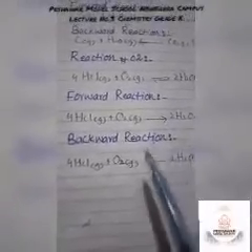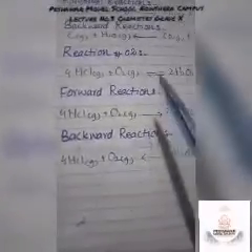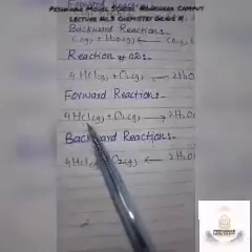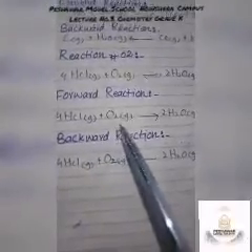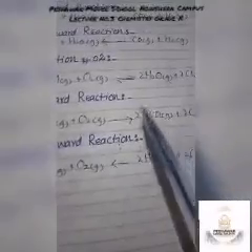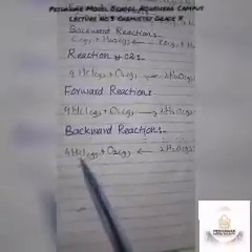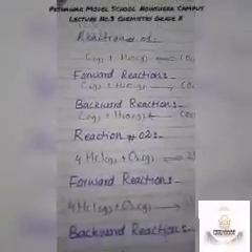And in the backward reaction, these products react back and will give us 4 moles of hydrochloric acid and also the oxygen gas.